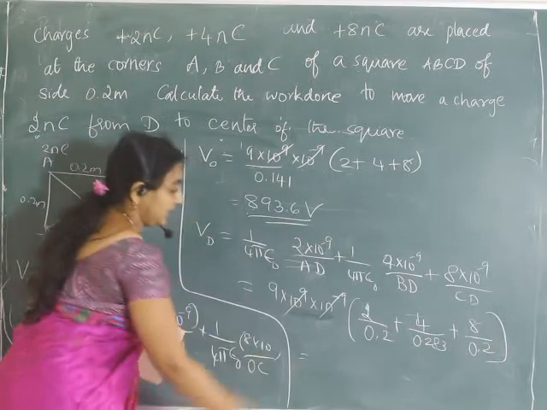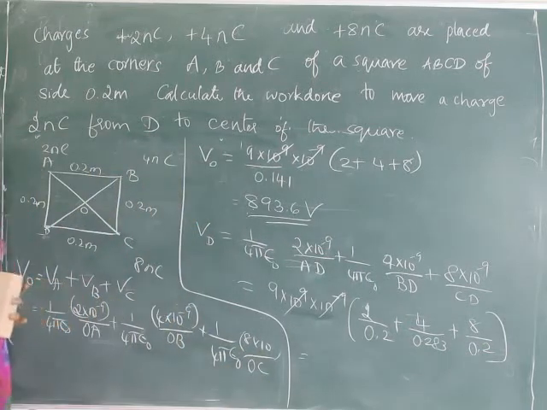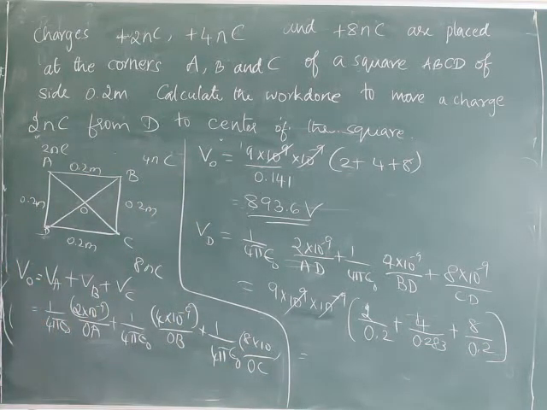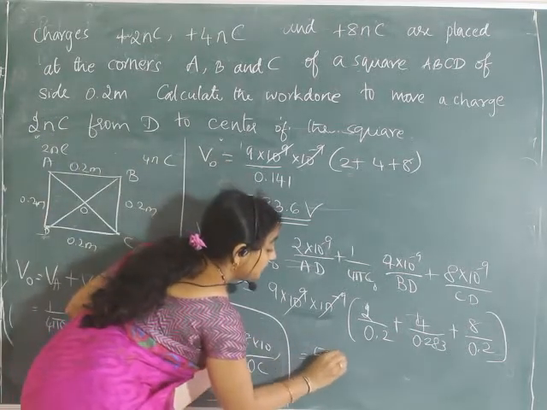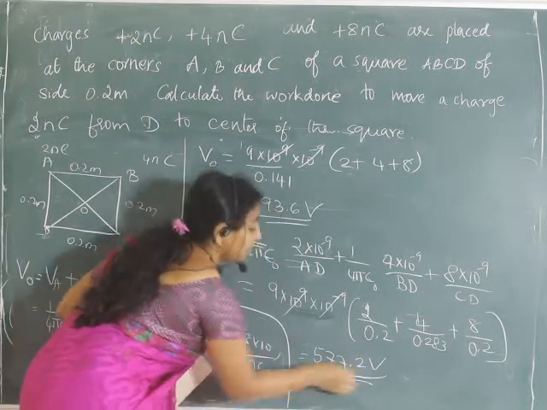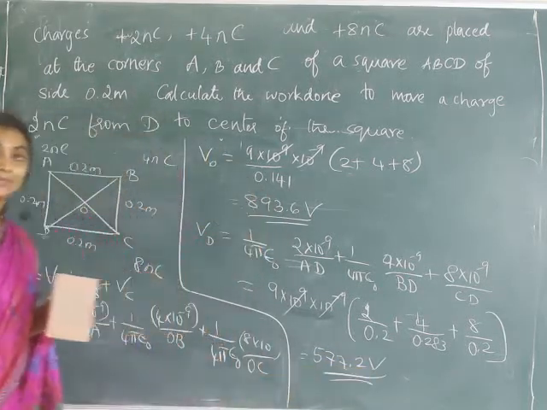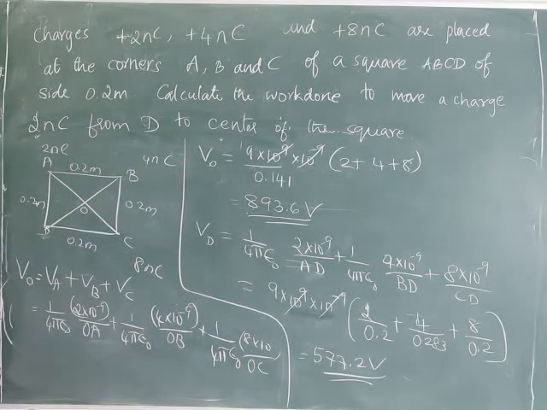What is the answer you are getting here? Take a calculator and solve. 577.2 volt. We got it as 577.2 volt. What is the answer you got? Did you get the same? Use the calculator. Did you get the same?